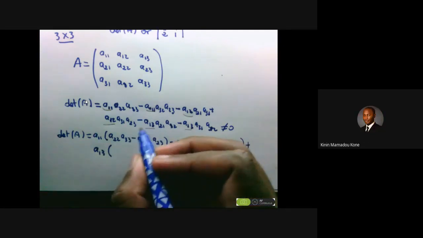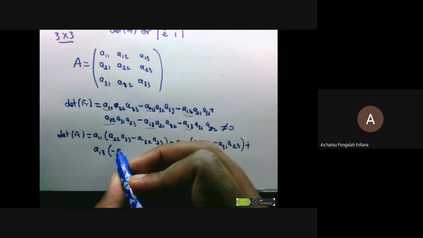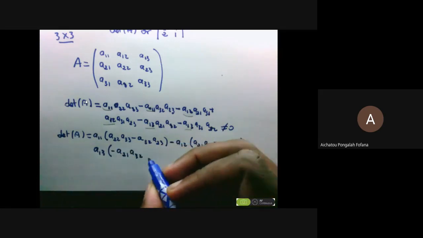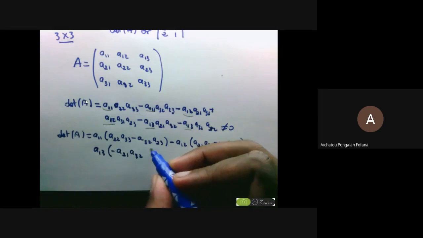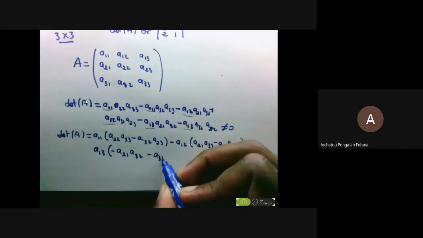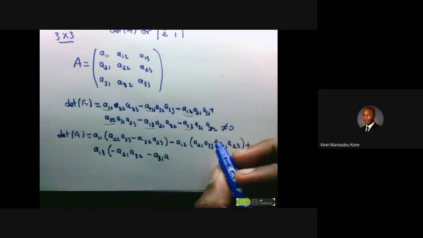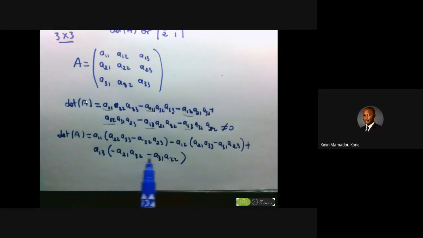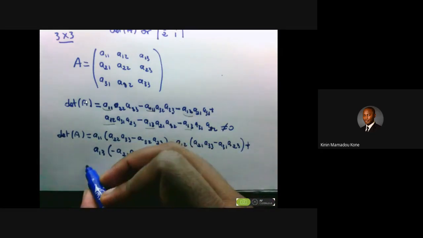Better to factor out and put minus A22. Okay, so now I can pull out the negative sign and bring it over here.